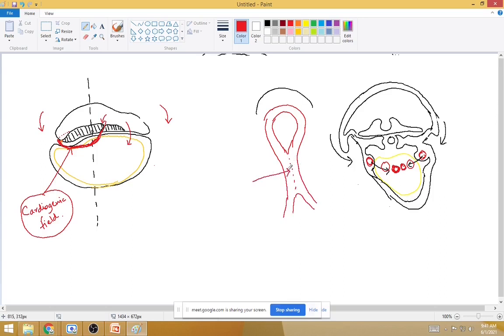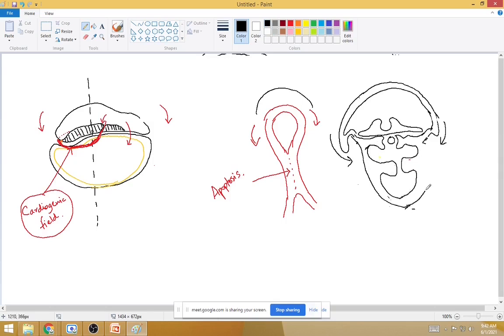What happens there? There is programmed cell death, which is known as apoptosis. So from two tubes on either side, due to the lateral folding, there is a single heart tube. So what you are getting here? If the tubes are coming together, they will be coming like that, isn't it?